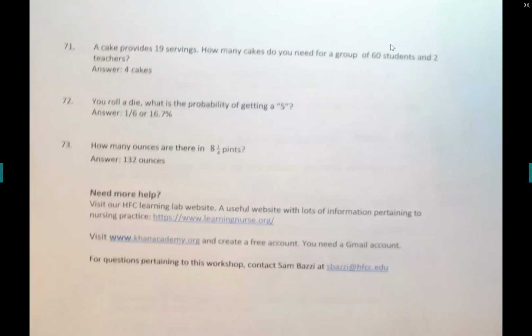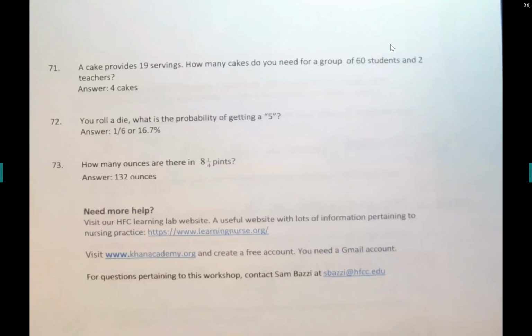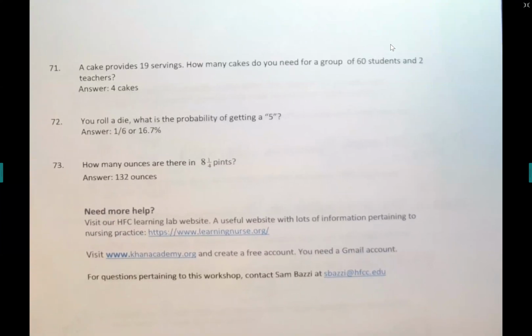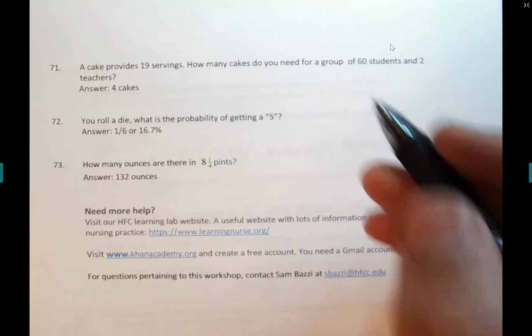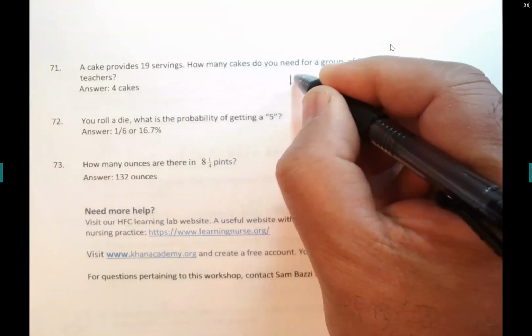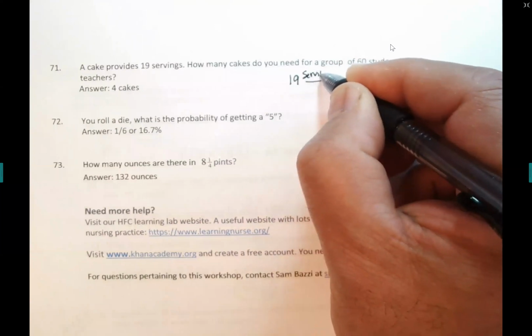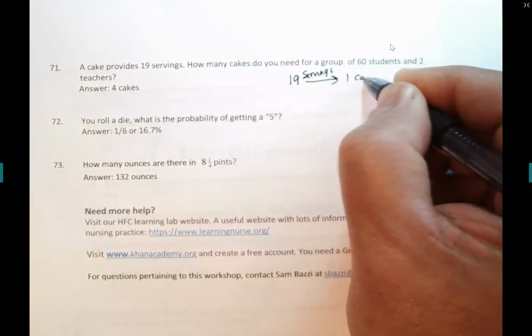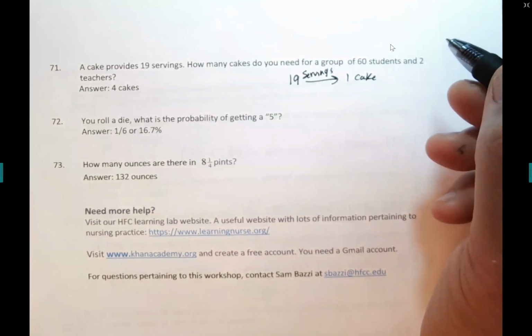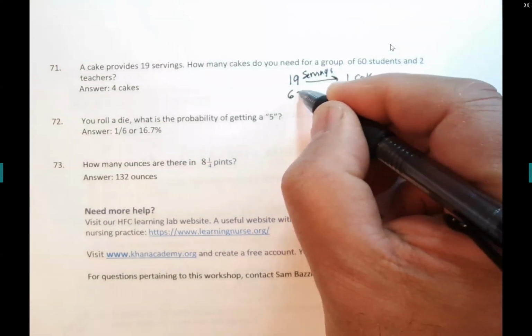71. A cake provides 19 servings. How many cakes do you need for a group of 60 students and 2 teachers? Okay. So 19 is 1 cake. 60 students and 2 teachers, I have 62.